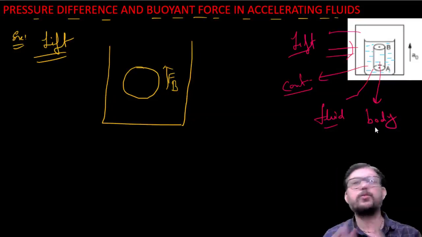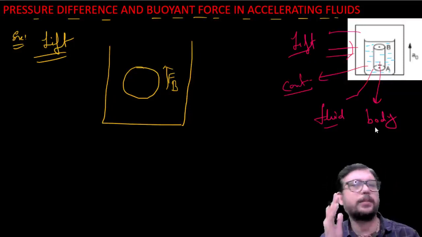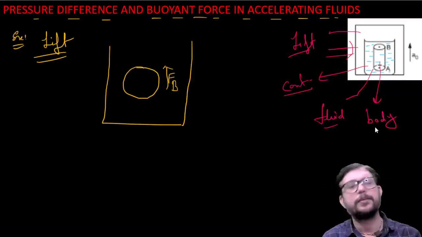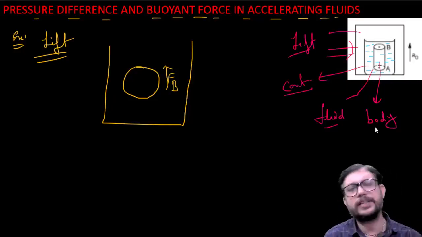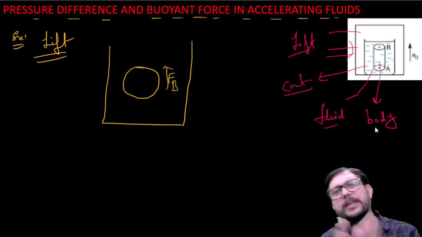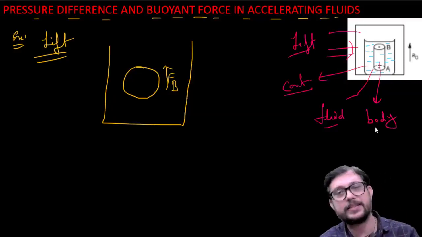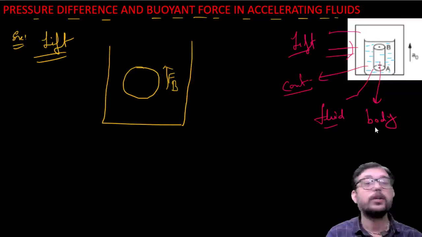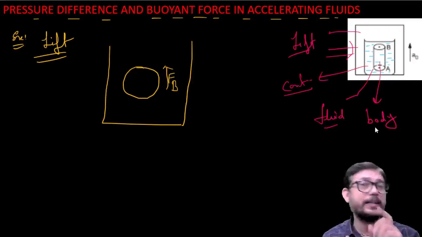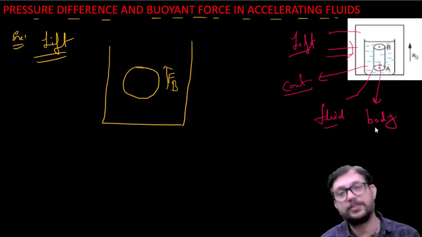The vertical shape is considered here because we have to calculate the pressure difference. But if we have to calculate only the buoyant force, then there is no requirement of taking a cylindrical body or a body having some definite horizontal or vertical distances. Clear? But here we have to calculate the pressure difference, so it is necessary that you take a body which has a certain length.